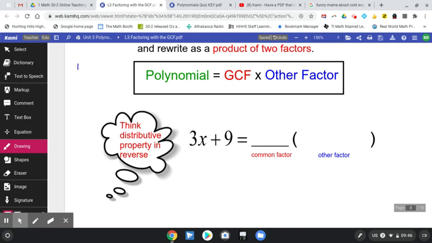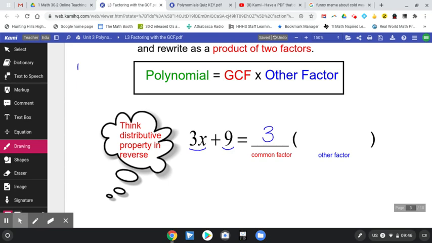What you can do here is you can think distributive property in reverse. So I'm going to find the common factor. I'm looking at 3x and 9, and looking at those two separate terms, I'm finding the largest number that I can divide both of them by, and that would be 3.